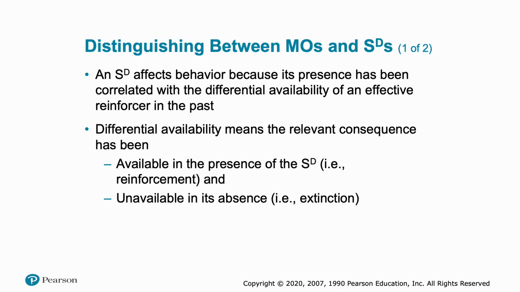Okay, now let's talk about how to distinguish between MOs and SDs. If you recall the four-term contingency, you'll see that we have the MO, we have our SD, discriminative stimuli, then we have the response that the individual engages in, and then the consequence that follows.